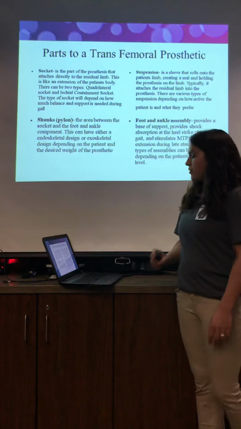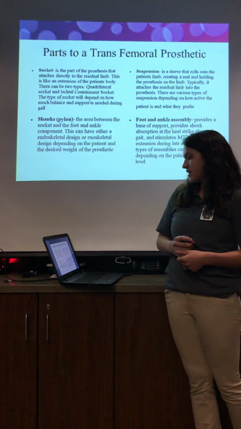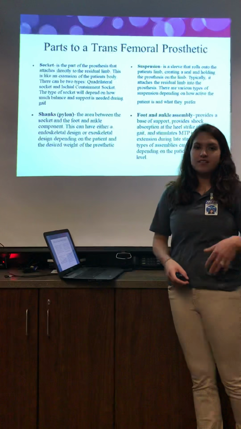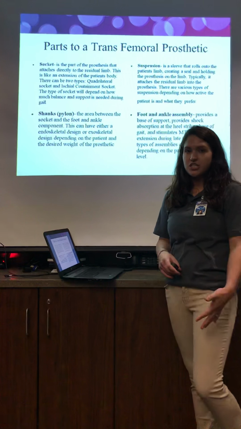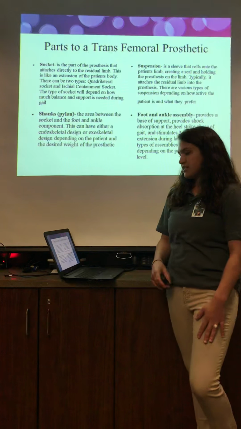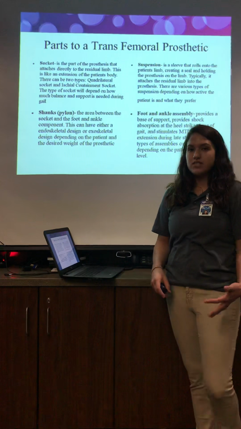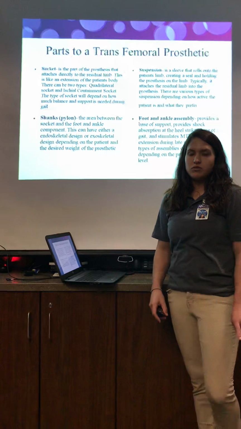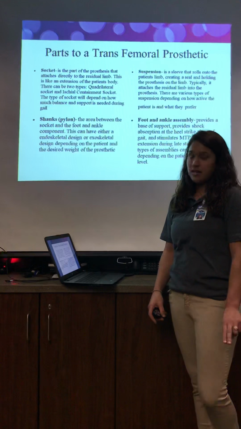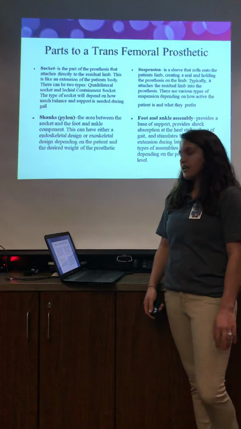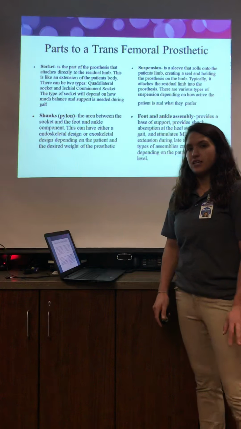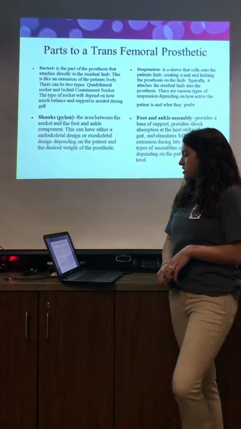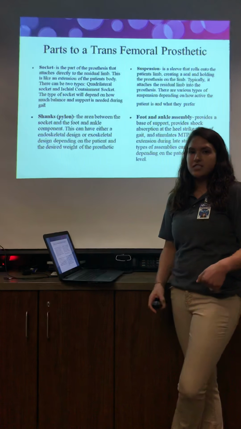Some parts of a transfemoral prosthetic: you have the socket, which is basically like the quadricep or an extension of the patient's body. It attaches directly to the residual limb. There can be two types, the quadrilateral socket or the ischial containment socket, and this depends on how much balance and support is needed during gait. You also have suspension, which is a sleeve that rolls onto the patient's limb.